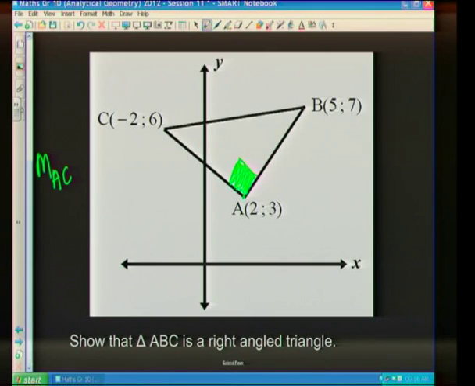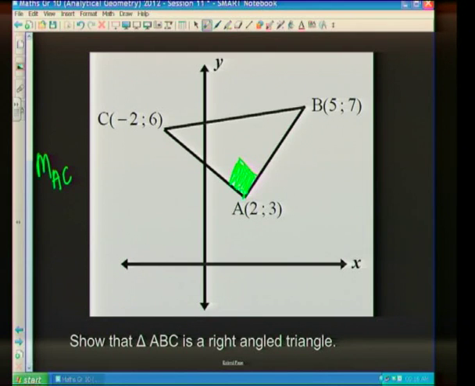I'm going to go with the easiest route, but what you can do is calculate the lengths of all three sides and then show that the lengths of the sides satisfy the equation of Pythagoras. X squared plus y squared is equal to r squared. That's a bit of a mission because you've got to do 3 distance calculations and still show that it satisfies the equation. So I don't think we're going to go with that. What I'm going to do is calculate the gradient of AC and then calculate the gradient of AB.